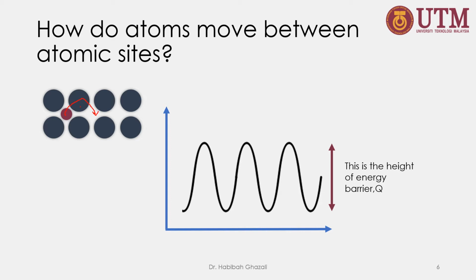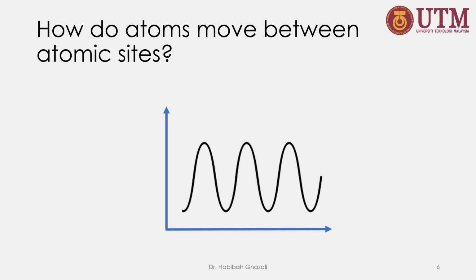So it needs an extra energy to push these two atoms out of its way. So in its stable position, this minima indicates a stable atomic site.